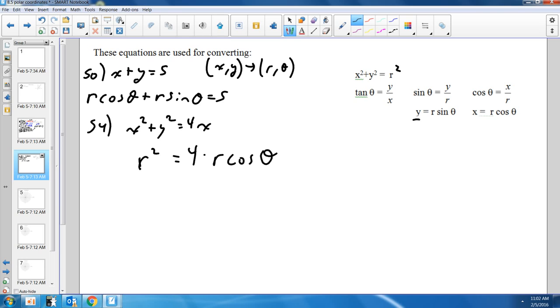Now, normally it's not a good idea to divide both sides by r or divide by any variable. The only time you can divide by a variable is if that variable does not equal 0. If it equals 0, you can't divide it out. And there were some algebraic problems that we had before where if you divided by a variable, you lost an answer because it could have equaled 0.